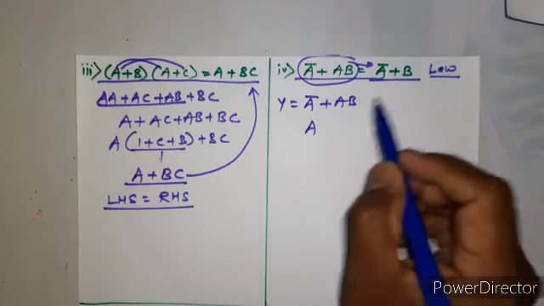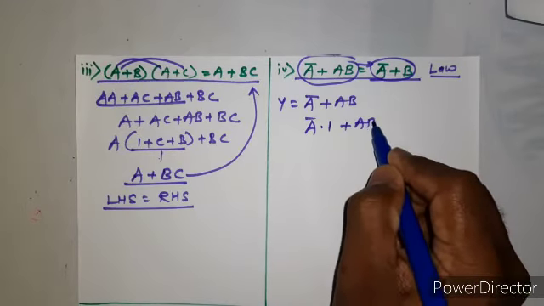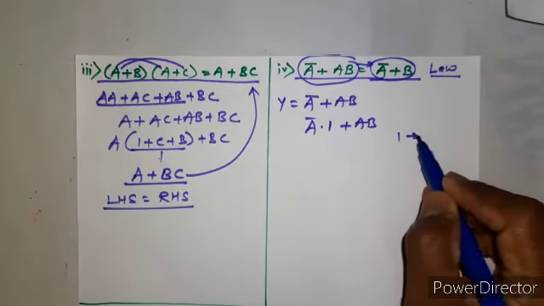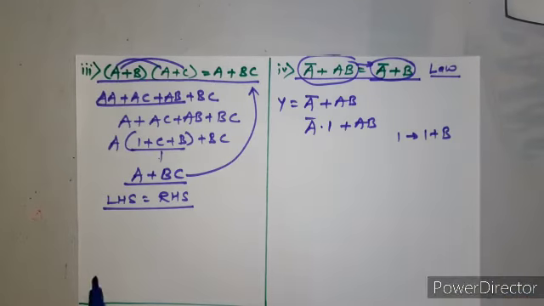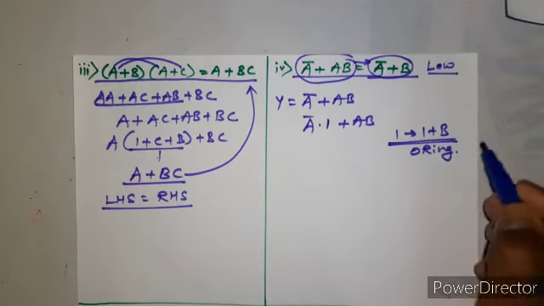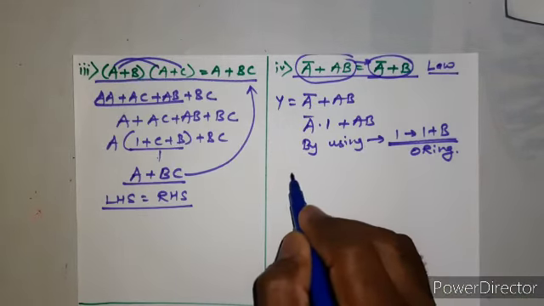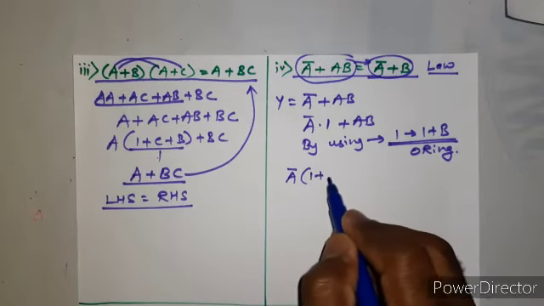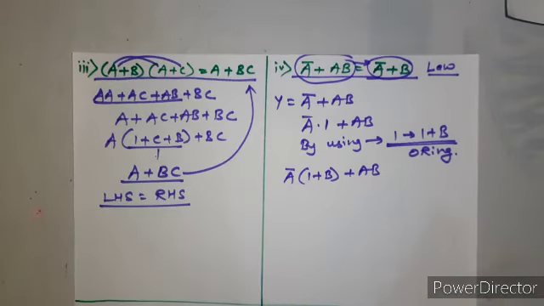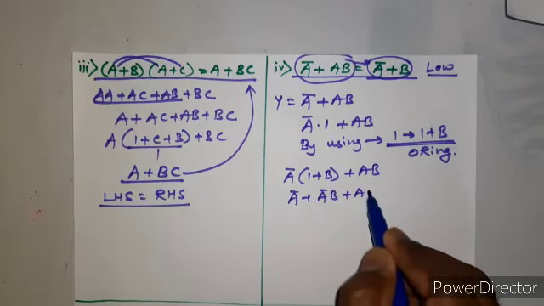So what I can do is, since I want to derive here, I'll say this A bar times 1 plus AB, and then this 1 I can write as 1 plus B. We have seen by ORing laws, so I can say by using this, A bar times 1 plus B plus AB. So this is A bar plus A bar B plus AB.